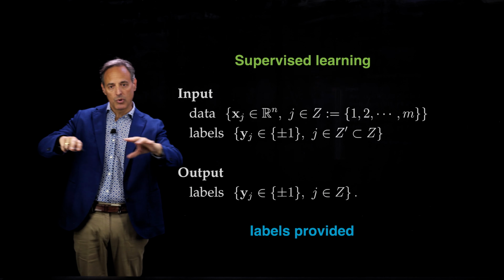Well, why not just call them all setosas? Because my accuracy would be in the 90-some percentage. Not because I did a great job in classifying, it's just the data is unbalanced. It means that to get it right, I can just guess setosa because almost all of them are setosas. So here what you're seeing is a balanced data set, 50 of each, okay?